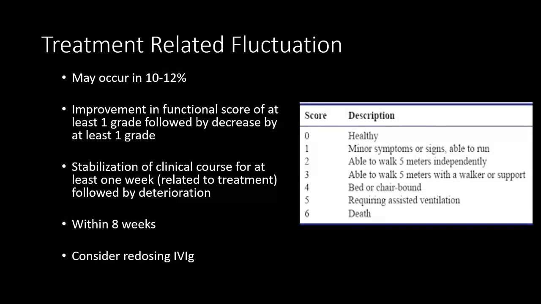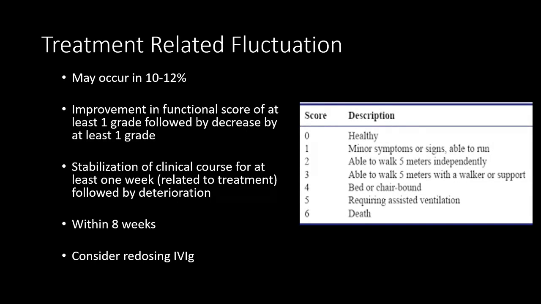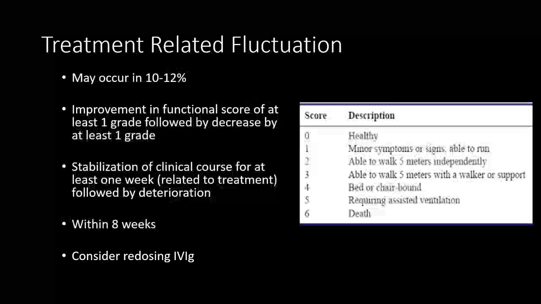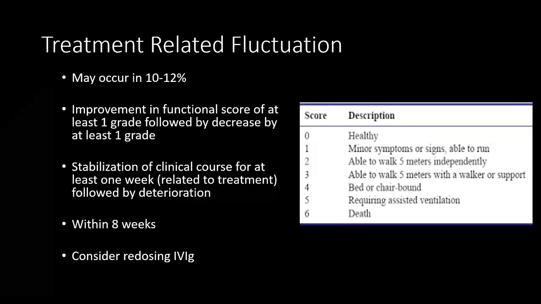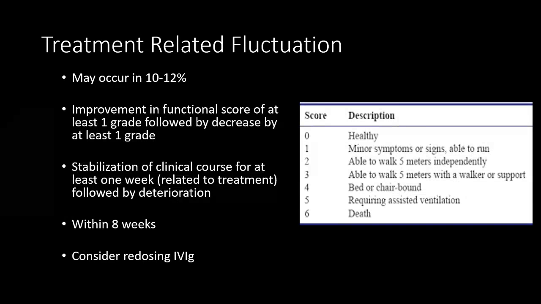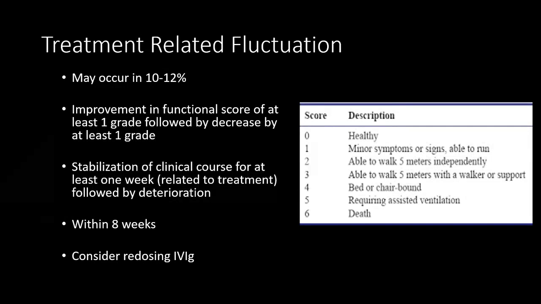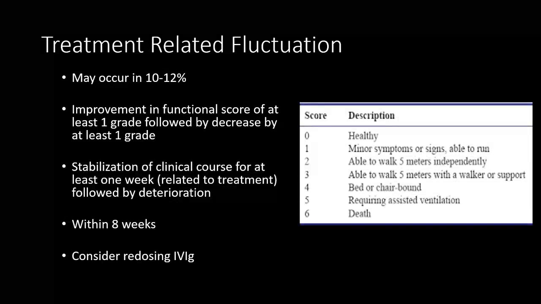It is defined by a decrease in the GBS disability score by at least 1 grade following an improvement of at least 1 grade. In these patients, most of the time you can just follow them and they'll stabilize again. But one approach, especially if they've been treated with IVIG, is to check IgG levels. If they're not very high, then you can redose the IVIG to tune things up and give them the optimal treatment.